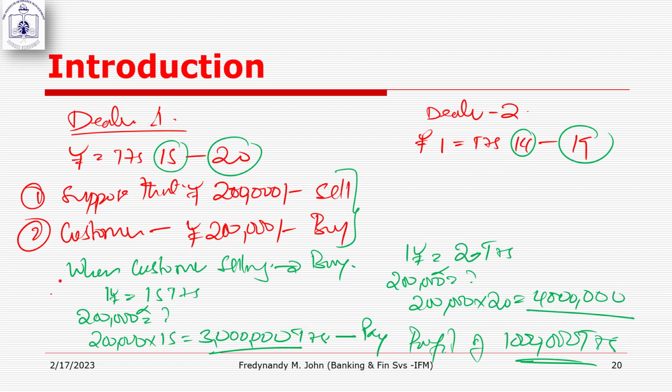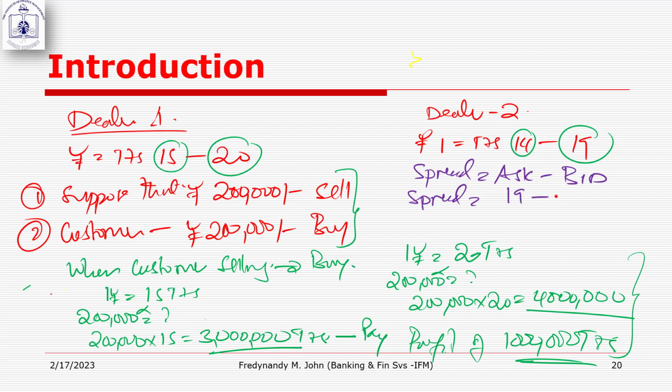Instead of going through all this tedious work, you can simply take the difference between buying and sell. So simply say spread, which is profit, equals ask price minus bid price. Okay, therefore spread equals ask, which is 19, minus bid, which is 14, which means spread equals 5.